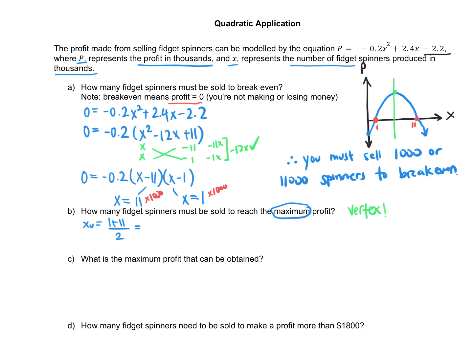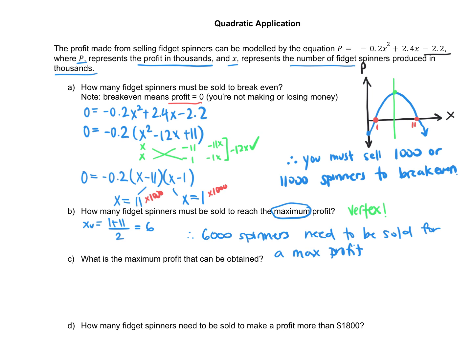So we get 12 over 2, which is 6. And x represents the number of fidget spinners, so we did just answer the question, but again, in thousands. So therefore, 6,000 spinners need to be sold for a max profit.